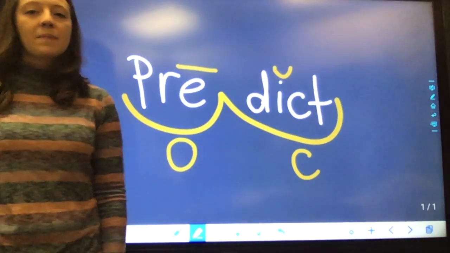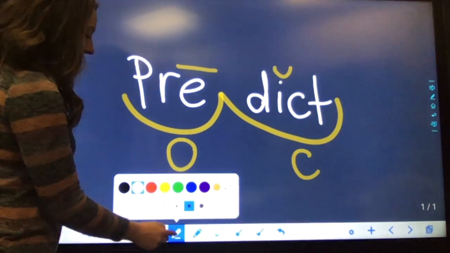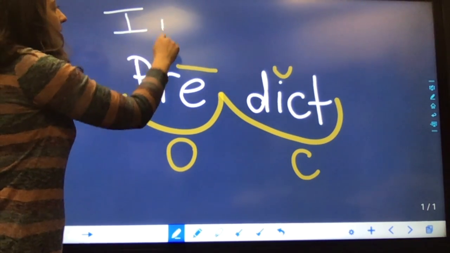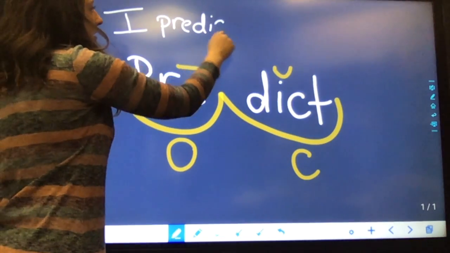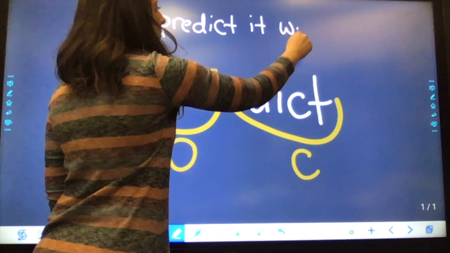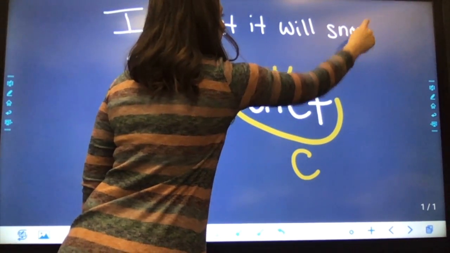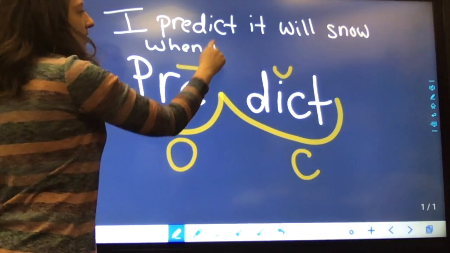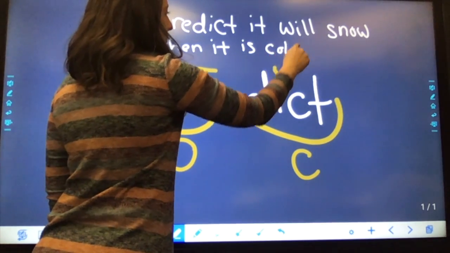Predict. Okay. So my sentence for predict is: I predict it will snow when it is cold.